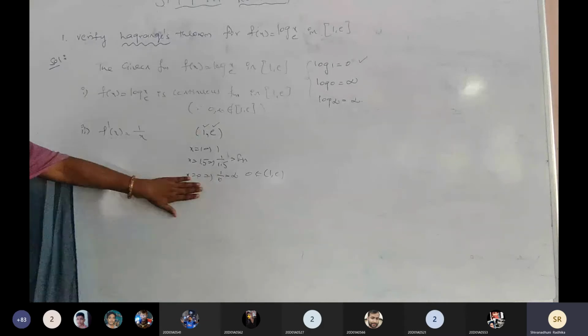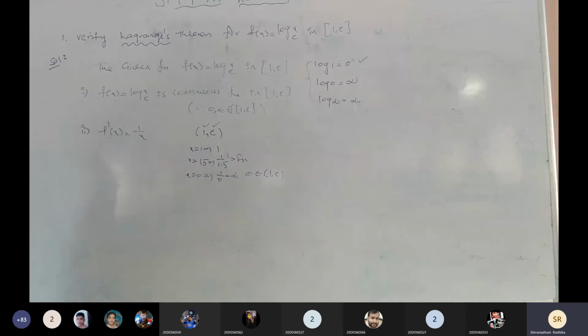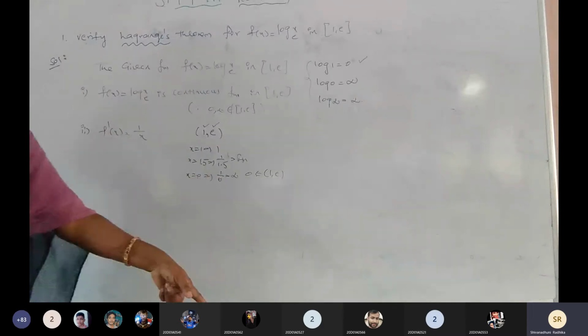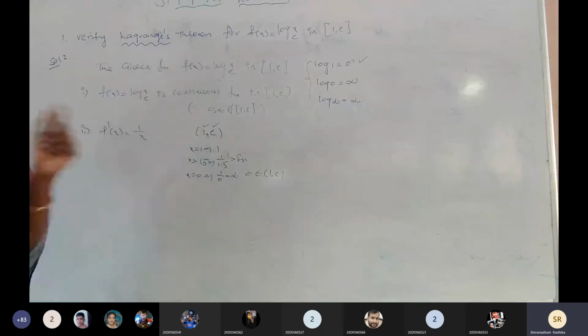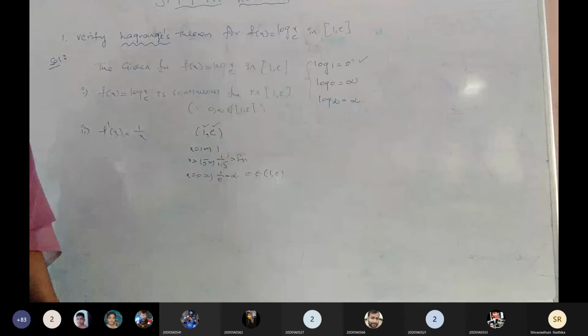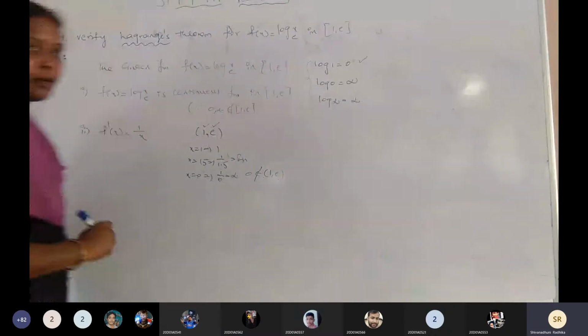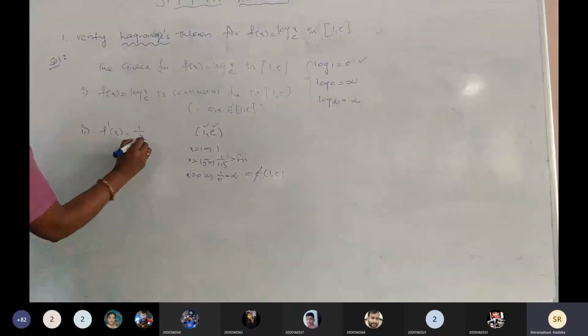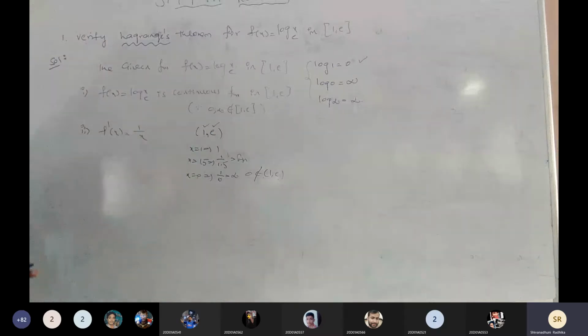Now, does x equals 0 belong to the open interval (1, e)? 0 does not belong to (1, e). So for all values of x in the given open interval (1, e), f is a derivable function.